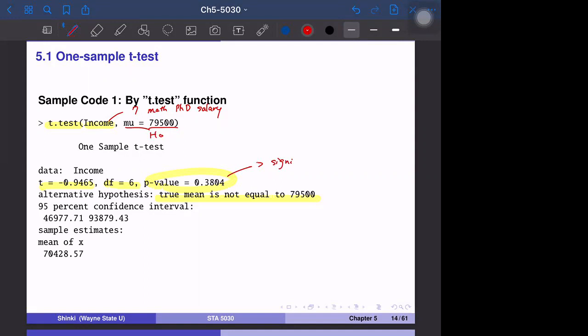If this is larger than the significance level, then H0 is not rejected. Since the significance level is somewhat subjective, if we have this p-value, we can always compare our significance level with this value to conclude whether H0 is rejected.